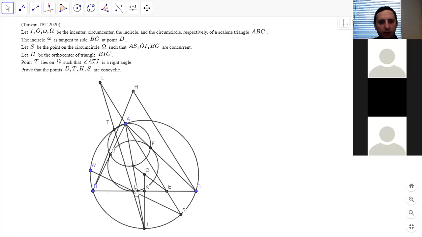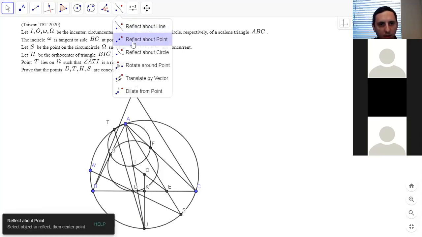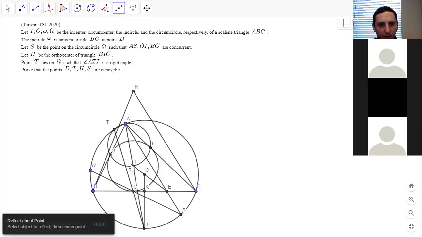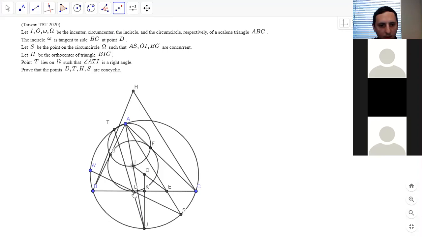So if we reflect I over BC, it would be cyclic with H. I can delete L. Okay. So H, B, I prime, C would be cyclic.